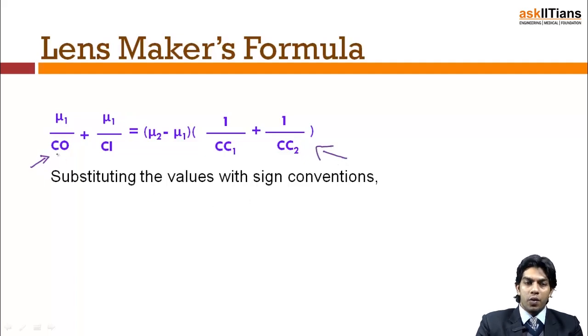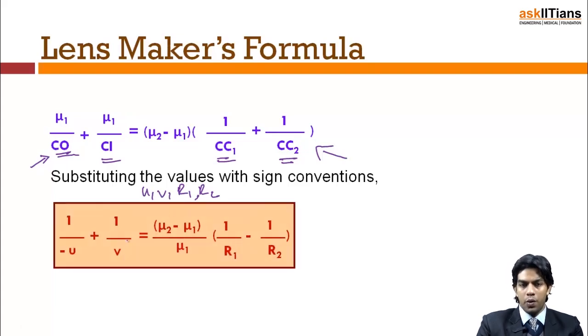Now we will substitute the values of CO, CI, CC1, CC2 in terms of, mind it, U, V, R1 and R2. So I have to express this in terms of these quantities right now, U, V, R1 and R2. And this is what we are going to do. That is 1 by minus U plus 1 by V equals mu2 minus mu1 by mu1 multiplied by 1 by R1 minus 1 by R2.